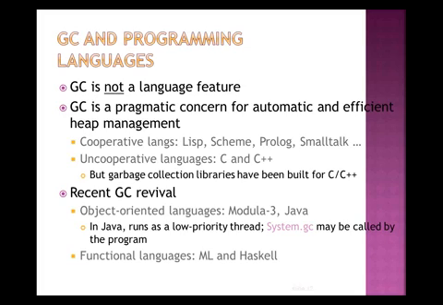Then the next point says explicit memory management breaks high level programming abstraction. So these are the requirements for why we are using garbage collection.